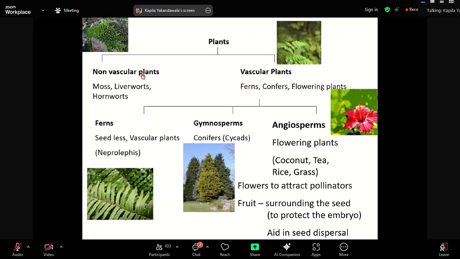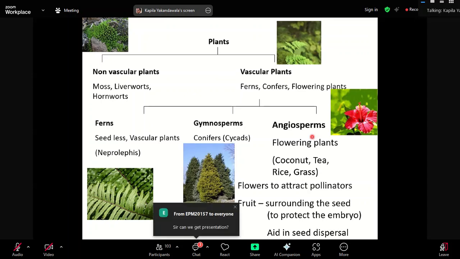If you look at vascular plants, we are not going to discuss the non-vascular ones. Vascular plants can be further divided into three groups: ferns, gymnosperms, and angiosperms. Ferns, gymnosperms like cycas, and angiosperms, which are flowering plants like tea, rubber, and coconut.